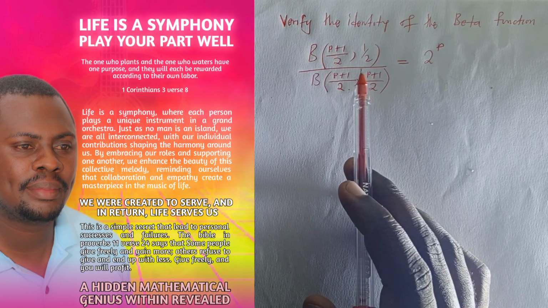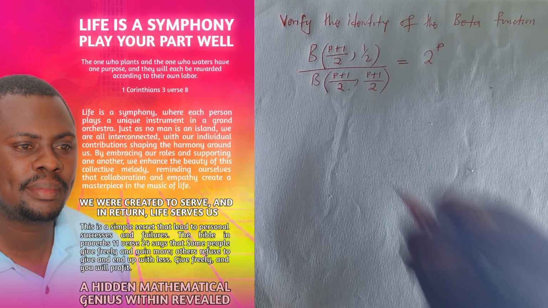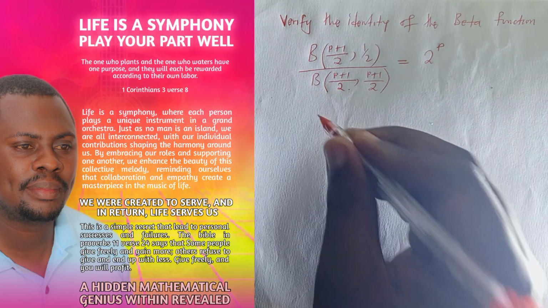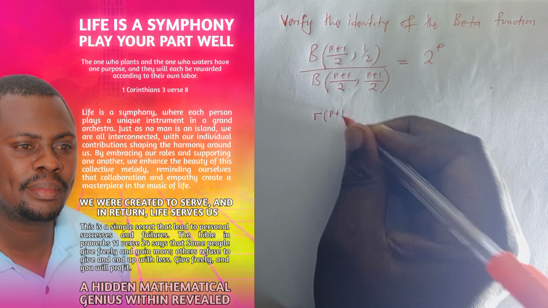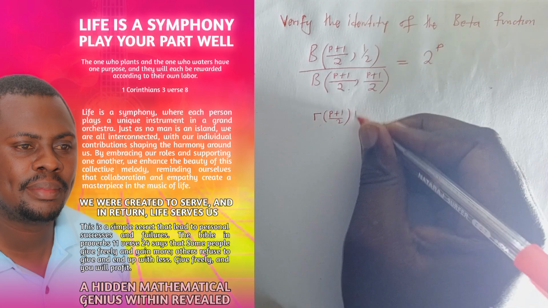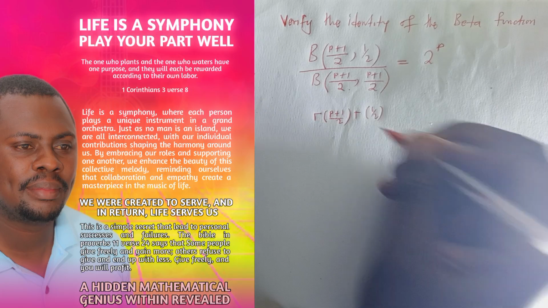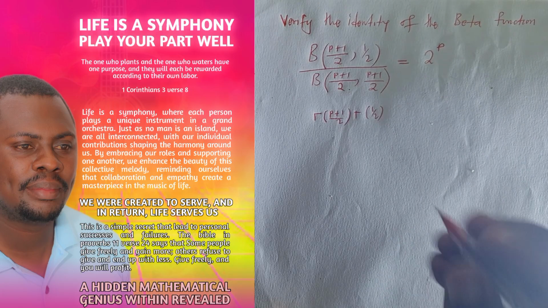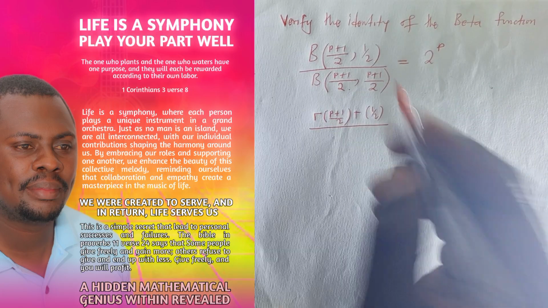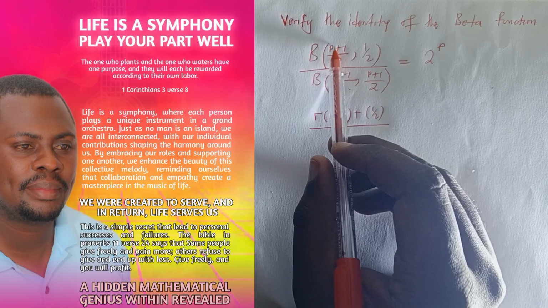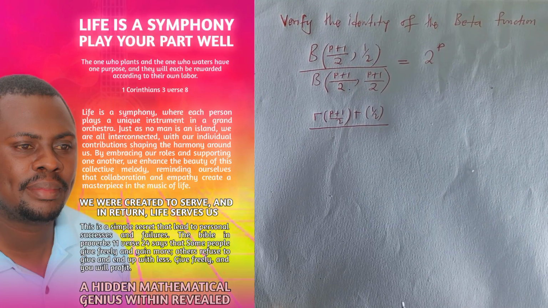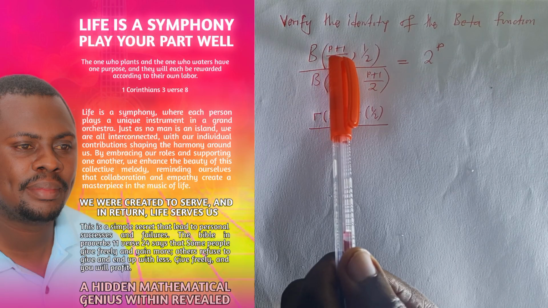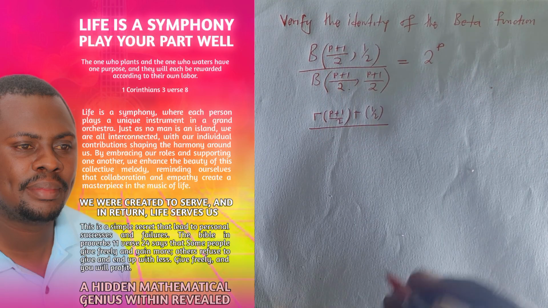So this as a gamma function will give us gamma of p plus 1 over 2 multiplied by gamma of 1 over 2, then over, you add these two, so it will be p plus 1, then over 2, since we have a common denominator. So we are going to have p plus 2 over 2.